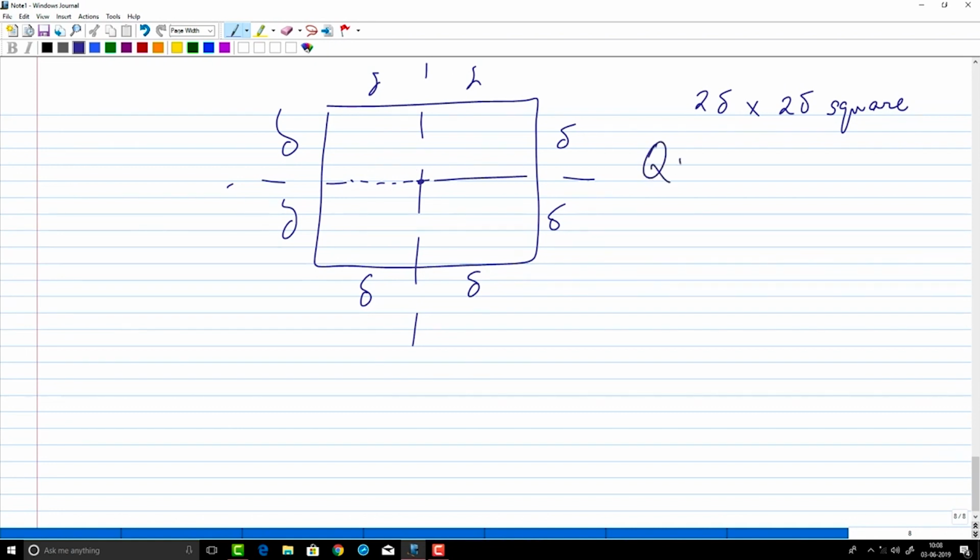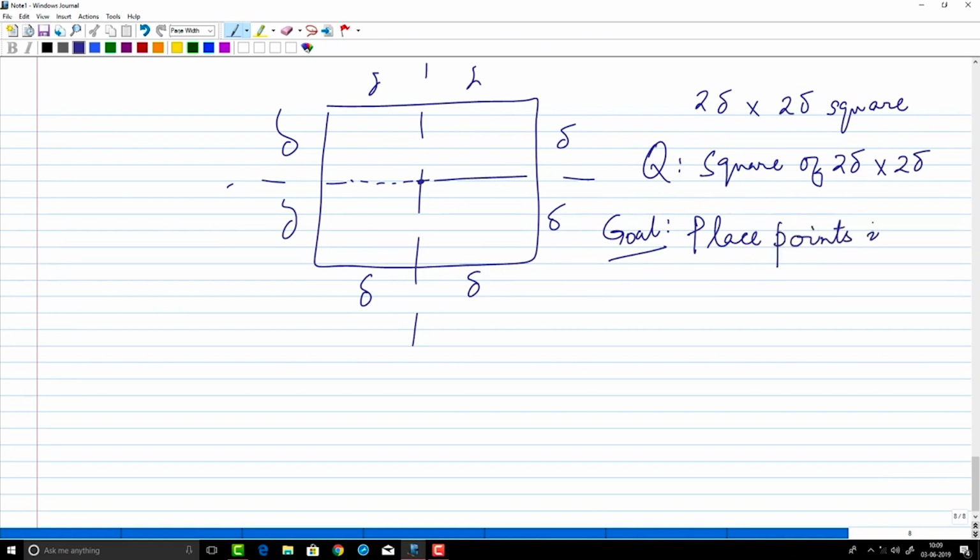Let this Q be the square of 2 delta cross 2 delta. Our goal is to place points inside Q such that I give you now some conditions for this puzzle.